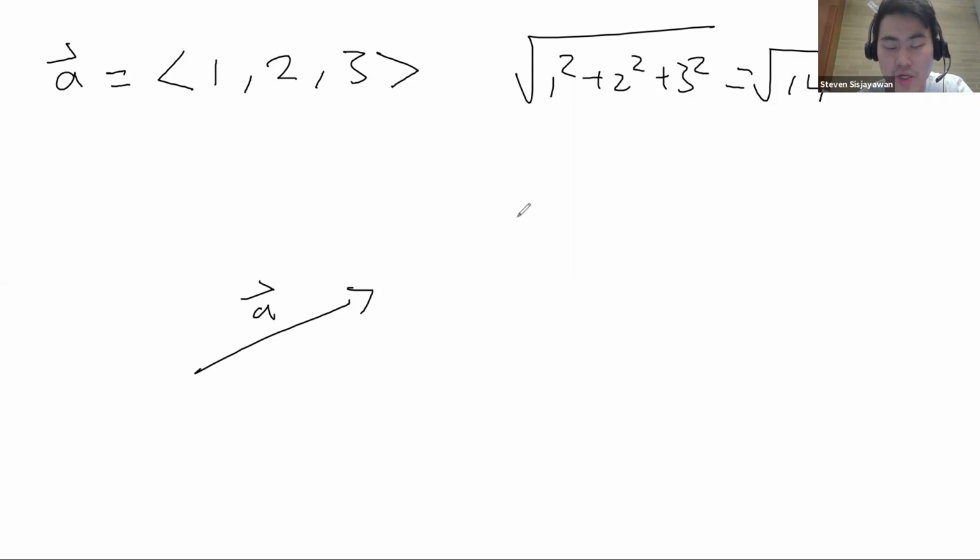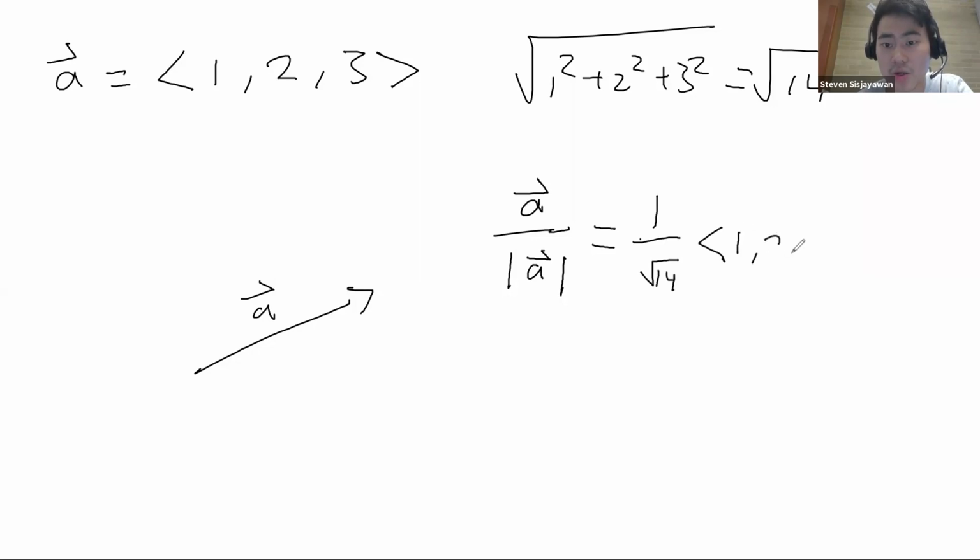So what we can do is take that vector A and divide it by the magnitude of A, which is represented as the absolute value of a vector. In this case, that is the same thing as 1 over the square root of 14 multiplied by the vector 1, 2, 3, right?